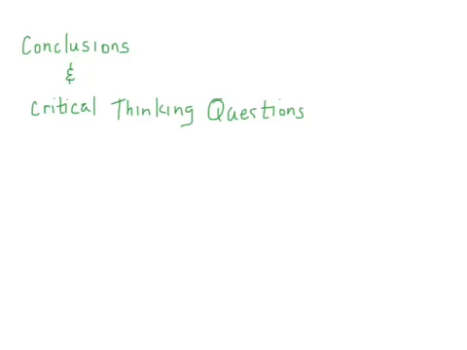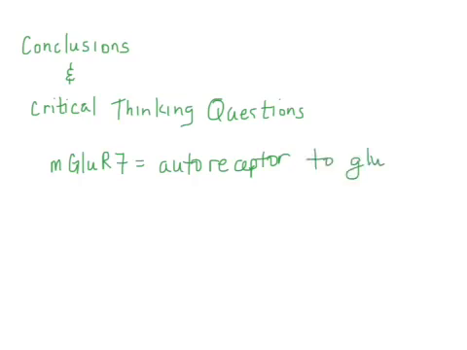But I think the first thing to understand is the important role of the metabotropic glutamate receptor 7, that when acting as an autoreceptor to glutamate, it can eventually lead to a decrease in neurotransmitter release.